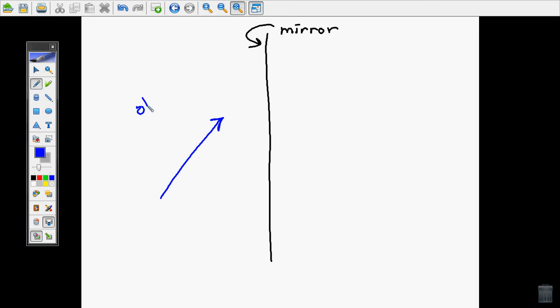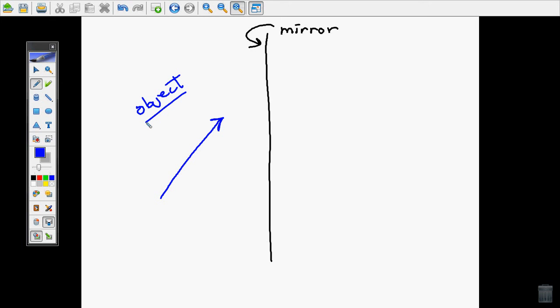So that's our object. That object could be anything, by the way. It could be a coin, it could be a person leaning forward, it could be anything. It's just the thing that's out in front of the mirror.